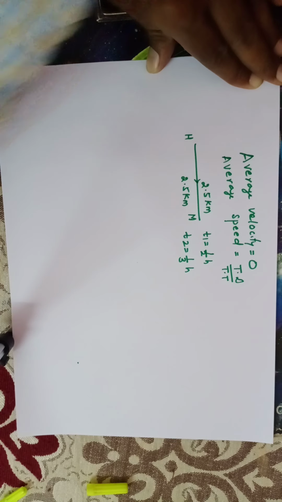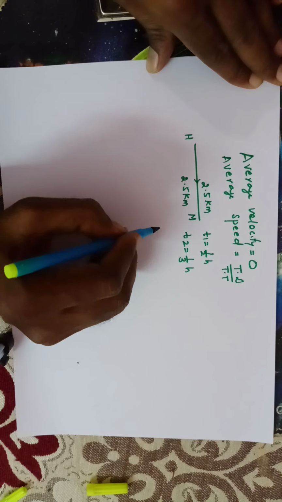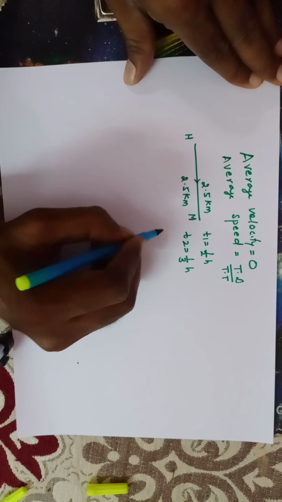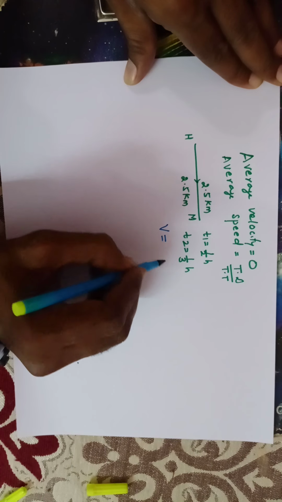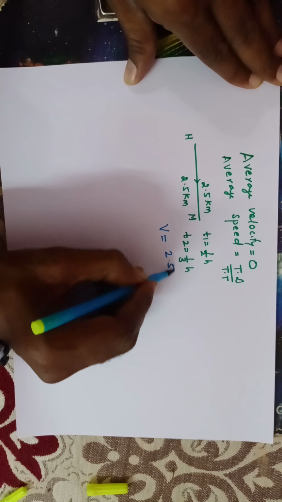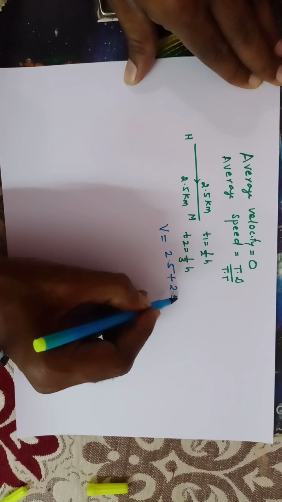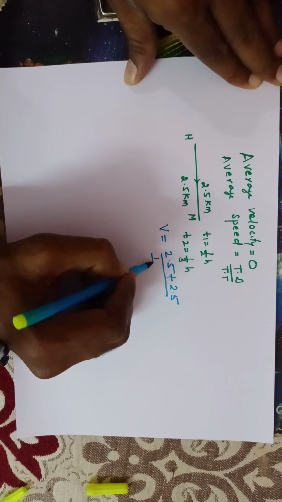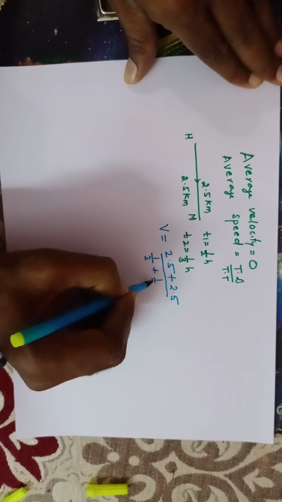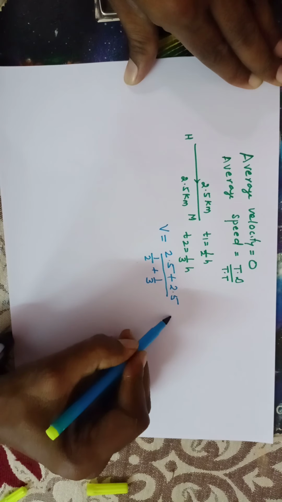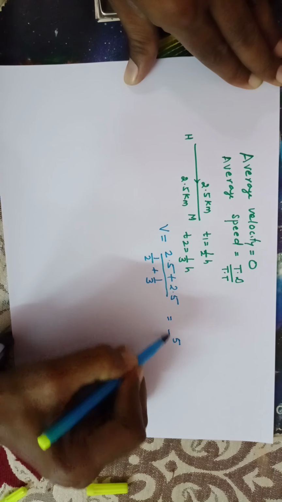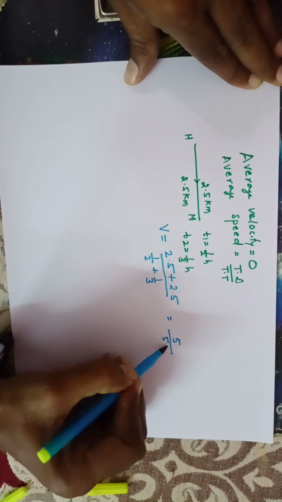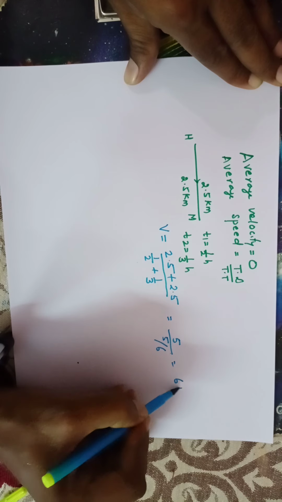So it will become 2.5 plus 2.5 divided by 1 by 2 plus 1 by 3, and with LCM it will become 5 by 5 by 6, that is 6 kilometer per hour.